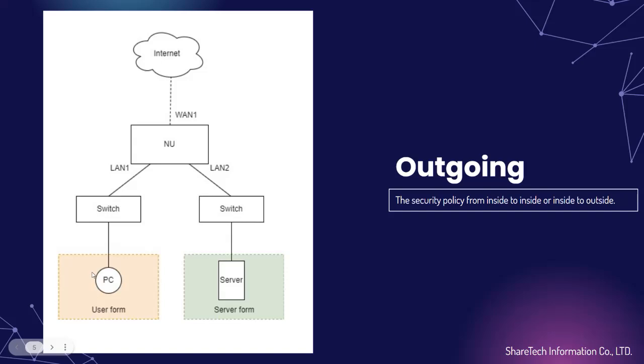For example, internal to internal connections, or internal users accessing the internet, or if I want to prevent internal users from connecting to a specific IP address or a service port. These can all be set in outgoing.